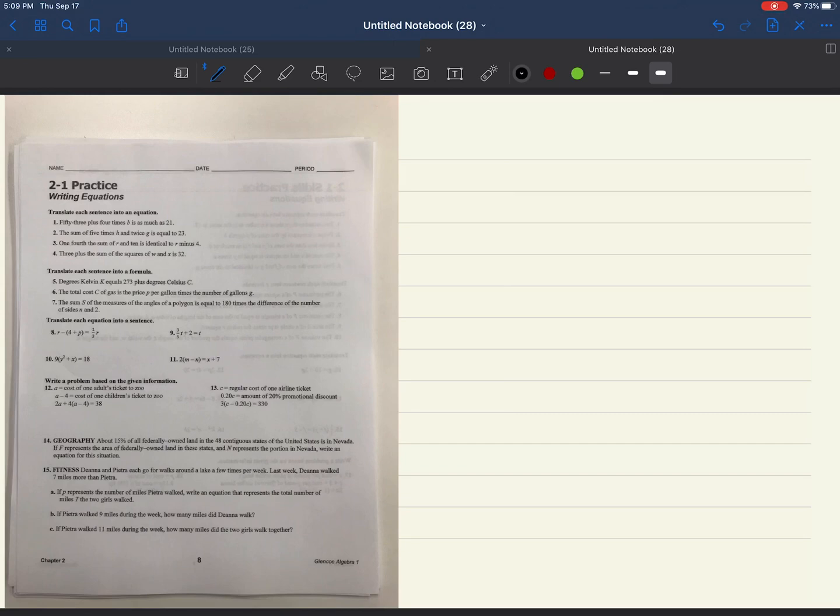Okay, last two, we're just going to go through numbers 12 and 13, and then you guys can do the work on the other side. So 12 and 13 says write a problem based on the given information. On number 12 it tells you that the cost of one adult ticket to the zoo is A, and then it tells you that A minus 4 is the cost of one children's ticket.